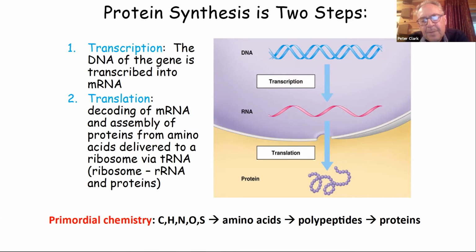I'm firmly of the opinion that proteins came first, but only just. Really, proteins and RNA co-evolved together, but you couldn't possibly have had RNA, in my view, without proteins. Having said that, I should advise you that many people will disagree with what I've just said. Next slide, please.